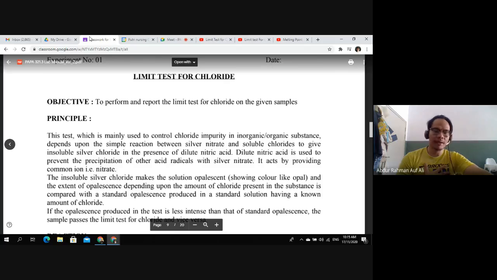Okay, so contohnya macam heavy metals. Heavy metals kalau kita ada dalam ubat, ubat yang selalu jadi concern for this type of things adalah ubat yang pesakit kronik macam patients diabetes, darah tinggi, so they have to eat ubat every day.